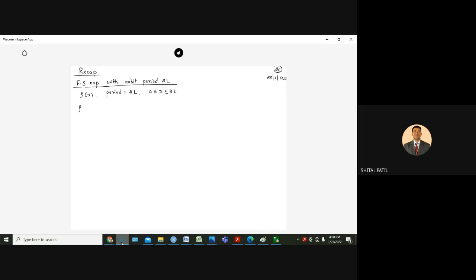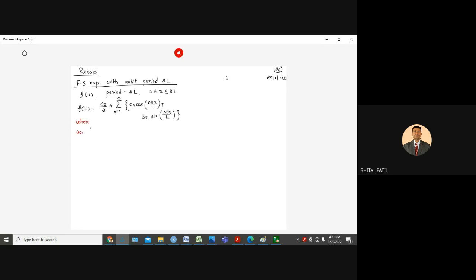Then Fourier series expansion is f of x equal to a naught by 2 plus summation a n cos of n pi x divided by L plus b n sine of n pi x divided by L. Where the Fourier coefficients are given like this.